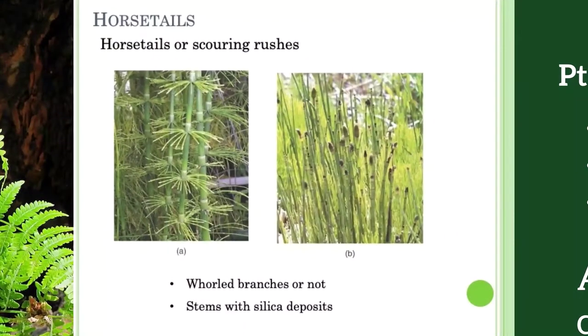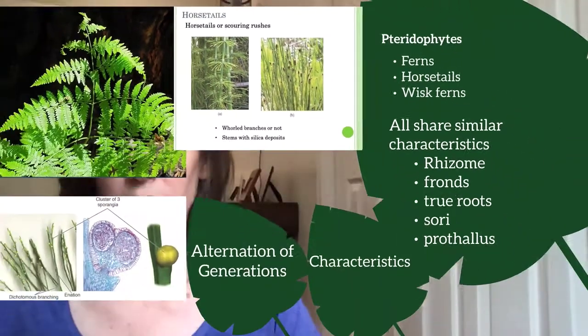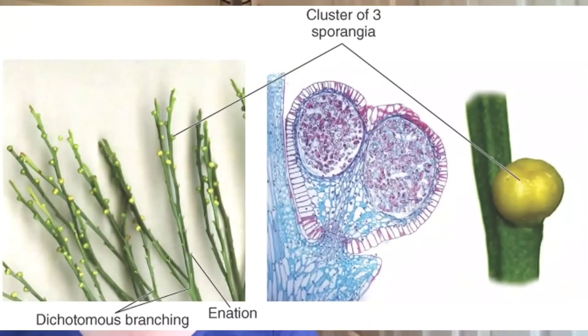So here I'll zoom in on what horsetails look like. A little bit more simple in structure than the ferns. Same with the whisk ferns, actually a pretty simple structure there. You can really see where the sporangia develop.